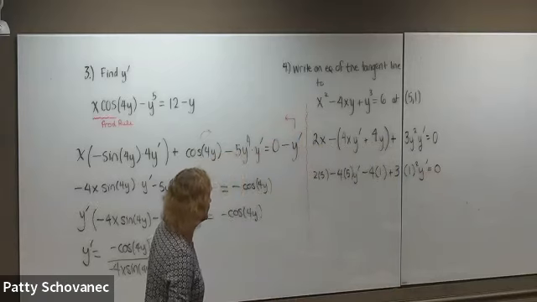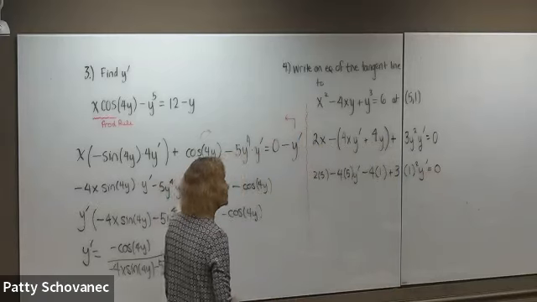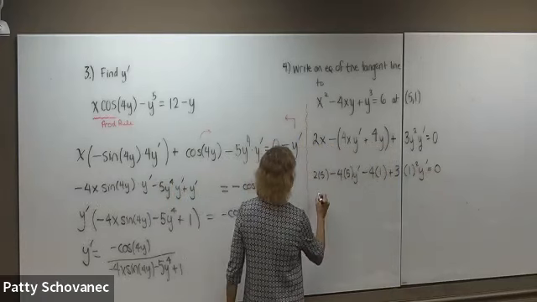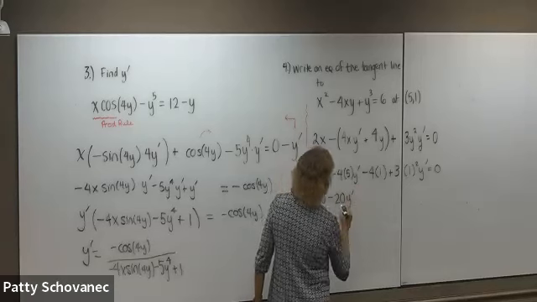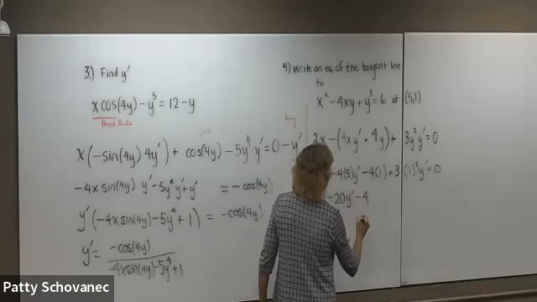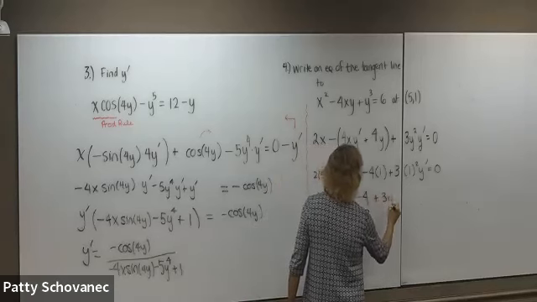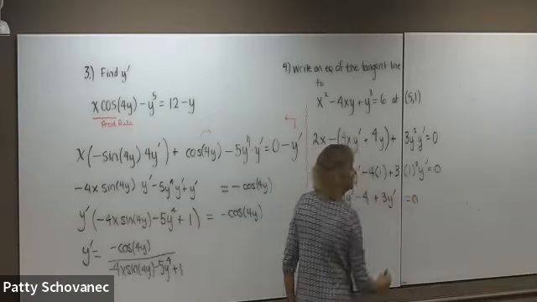That gets rid of all the pesky x's and y's and gives us nice numbers to work with. I have 10 minus 20y prime minus 4 plus 3y prime is equal to 0.